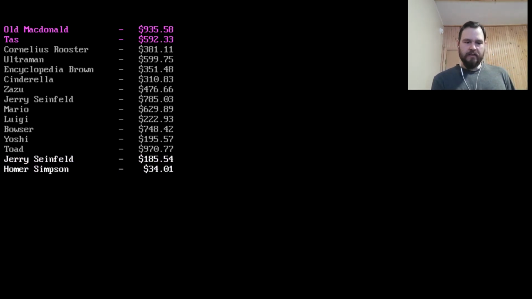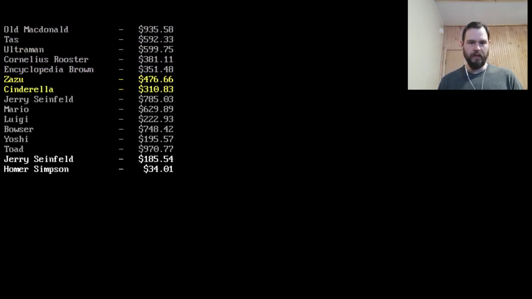And you can see as the white, oh yeah, I turn them a little bit brighter white when they're in their full final place. Anyway, okay, so then we go again. And we go again. Okay, Zazu and Cinderella had to be swapped. Here, Jerry Seinfeld, I don't know why he's there twice, is going to get swapped with Cinderella because he's got more money.